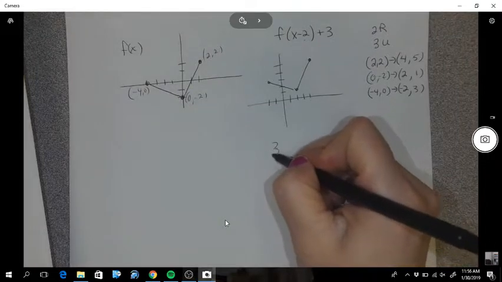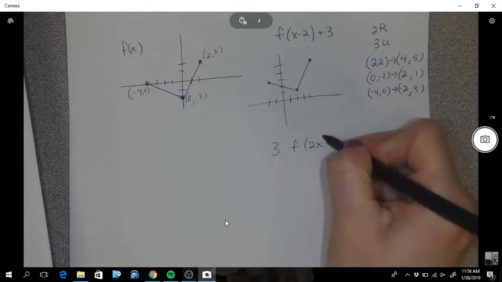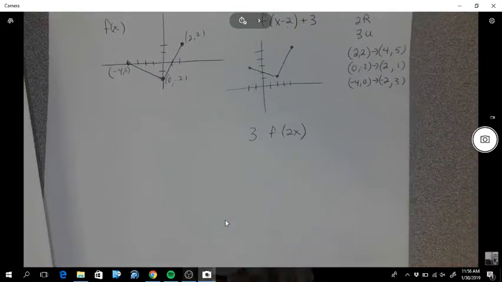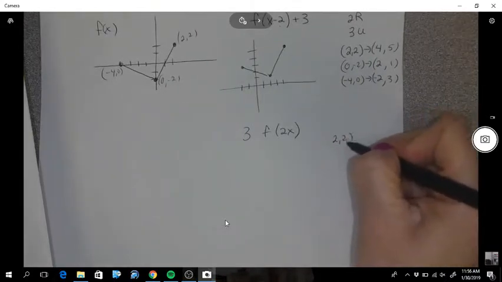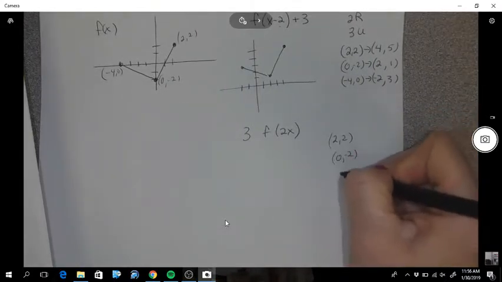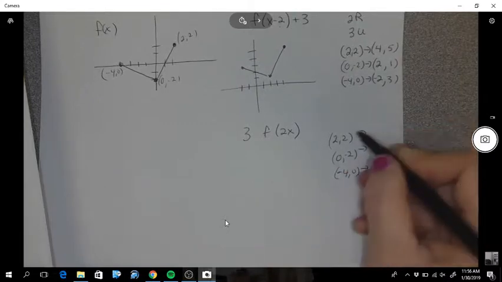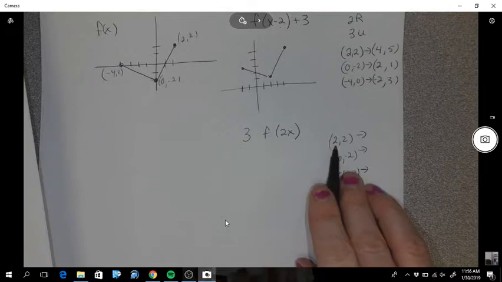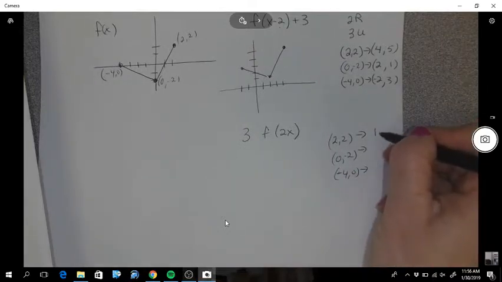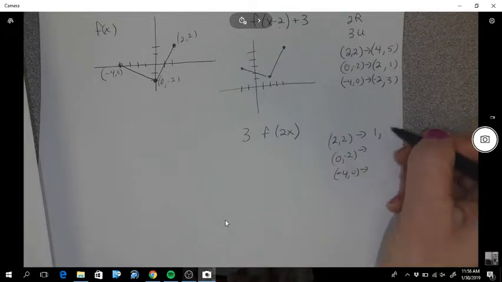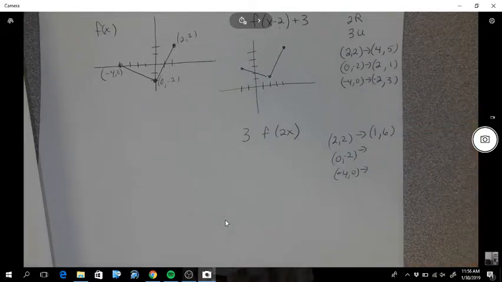Okay, what if I did 3f(2x)? Let's look at our points again. So this would become, compress this by 2, so 1. Stretch this by 3, so 6.